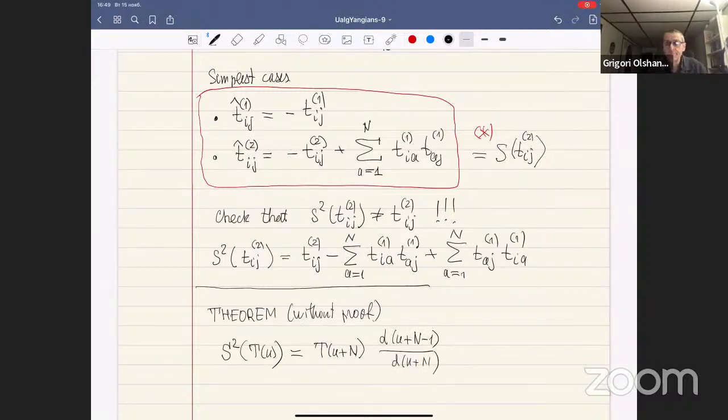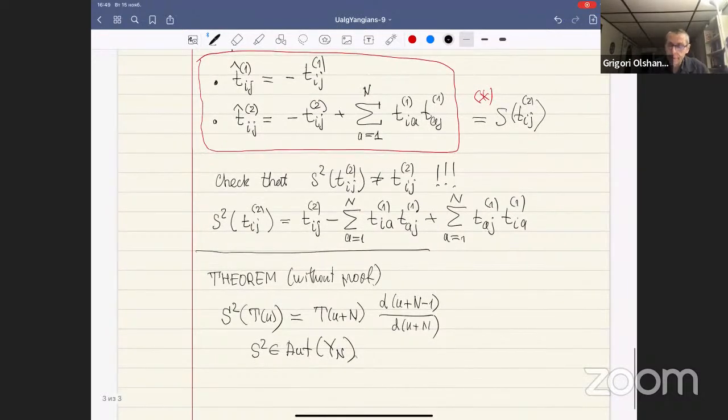So what happens? S2 is an automorphism. It is the composition of two automorphisms.